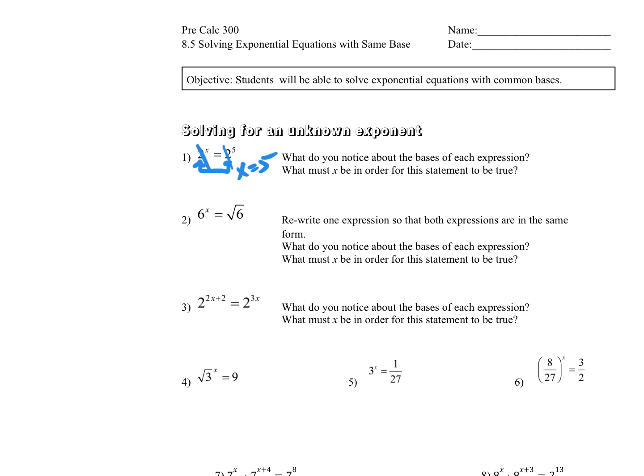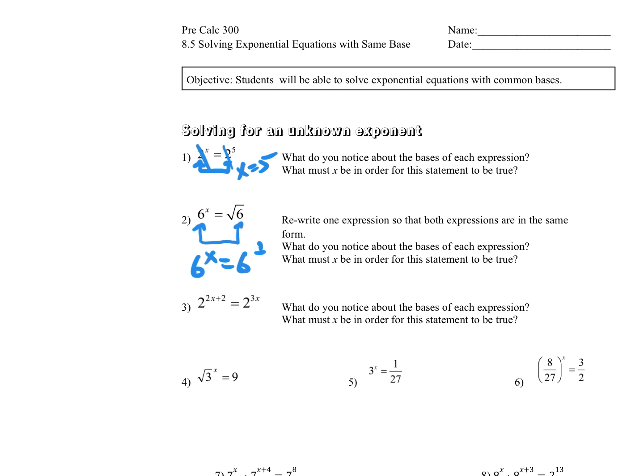Most of these problems, you're going to have to rewrite with a specific type of base. So, for example, you could see that these two bases right here are 6, but the square root is not written as an exponent, but you can write it as an exponent.